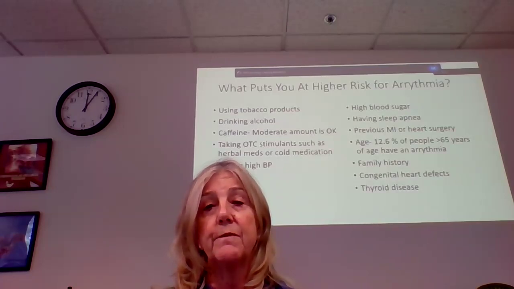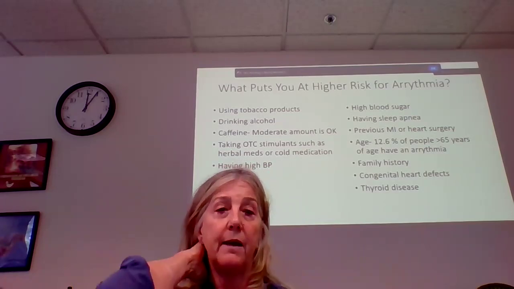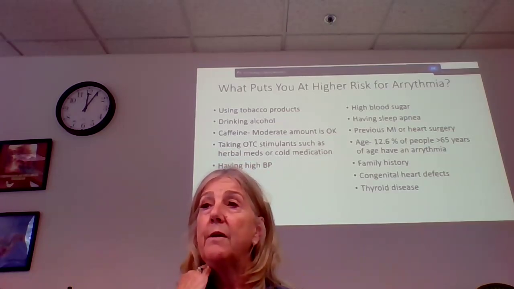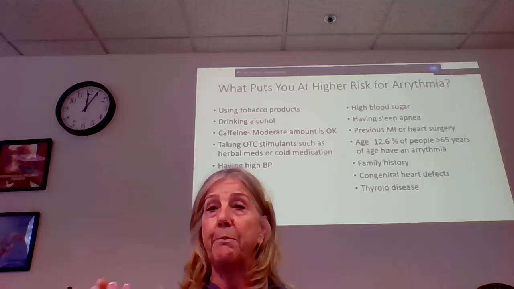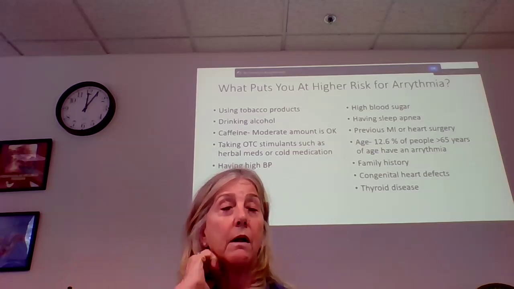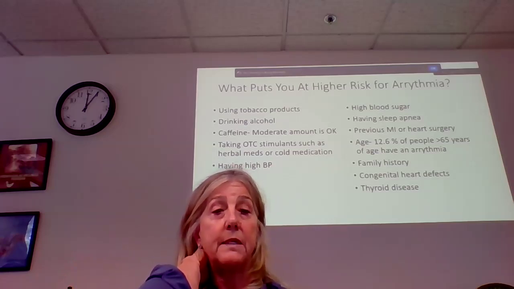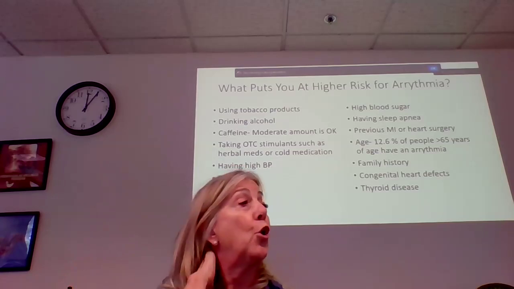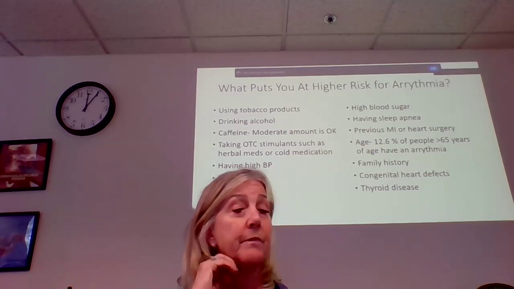So we've kind of talked about this a little bit already, but what puts you at higher risk for an arrhythmia? Of course, the things that we talked about: using tobacco products, including vaping. Vaping nicotine is just as bad as smoking. Alcohol can be associated in some people with arrhythmias. Caffeine, a moderate amount is okay, as we discussed. Taking over-the-counter stimulants, herbal meds, or cold medication too, things that have pseudoephedrine in them.